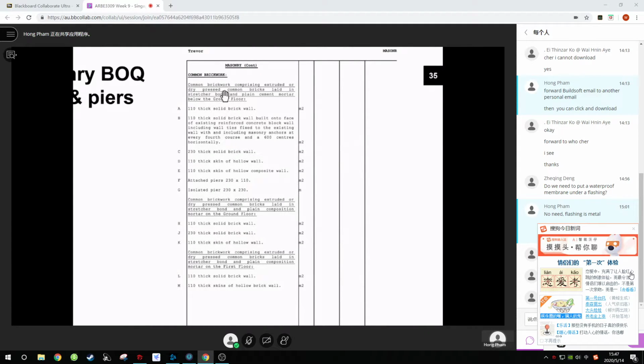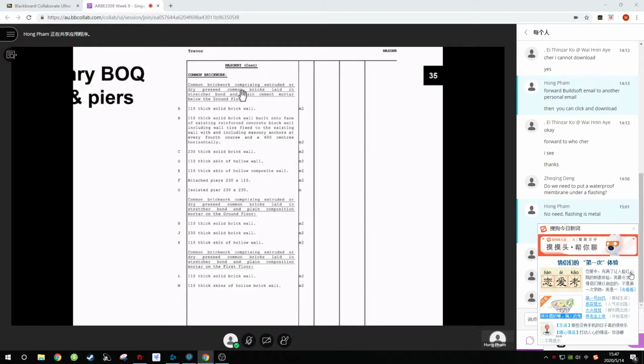Common brick wall comprising extruded or dry pressed common brick laid in stretcher bond and plain cement mortar on the ground floor. This can be 2 different kinds of headings. This is below the ground floor, on the ground floor.